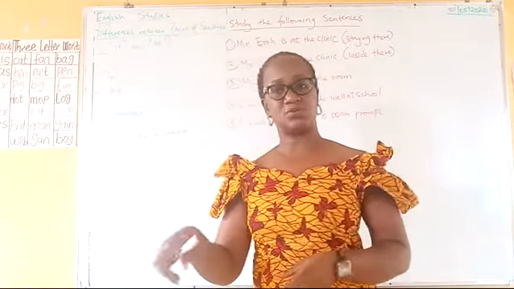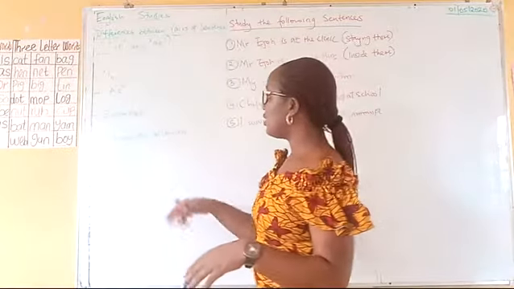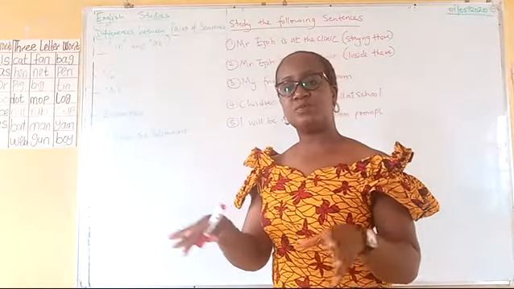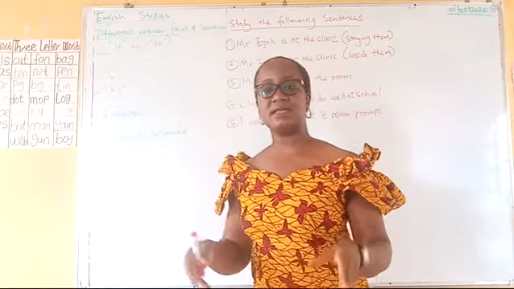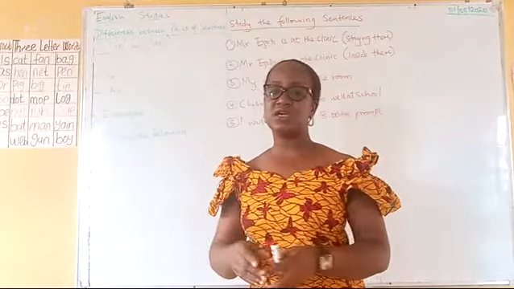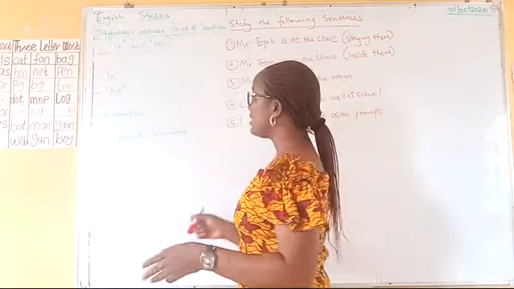So how about when we have at? It's simply expressing the position of someone or something at a particular place. At the cinema, at the hospital. It is showing your position at a particular place. That is what it simply means.